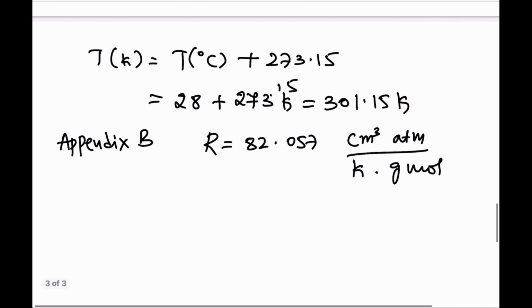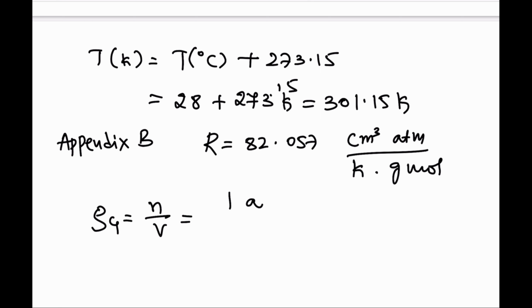For rho g, we can write the molar density, that is N by V is equal to 1 atmosphere divided by 82.057 multiplied by 301.15 Kelvin. That's what we just rearranged, right? N by V is equal to P by RT.